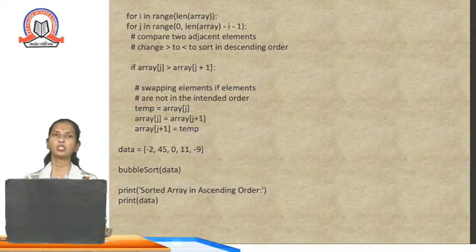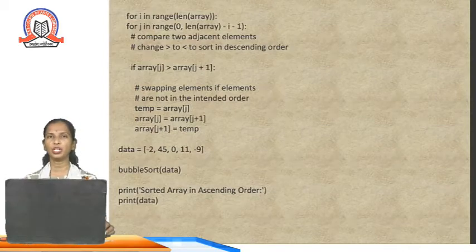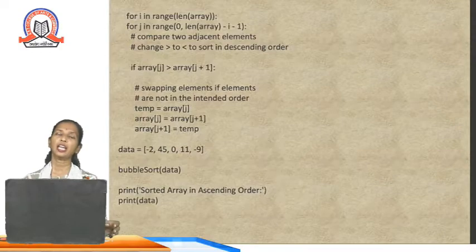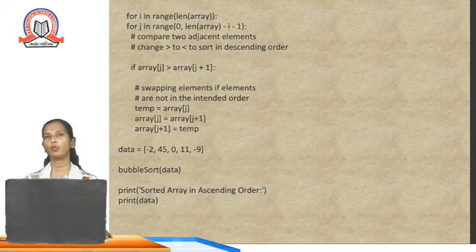Now the simple swapping technique is nothing but a temporary variable, namely temp. In that variable the first value is stored, that is the array of j location, and at the array of j location the value of the next, that is j plus 1 location, is copied, and from the temp value it is copied to j plus 1.